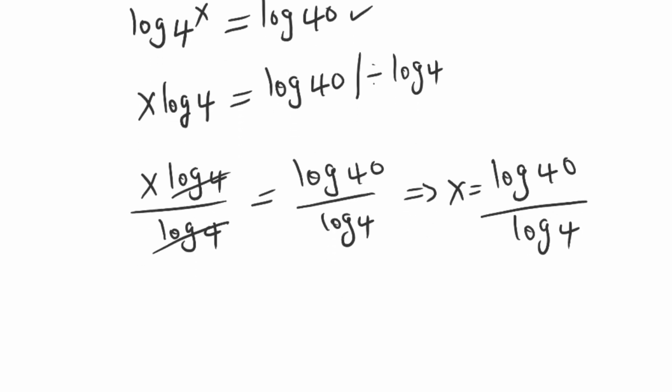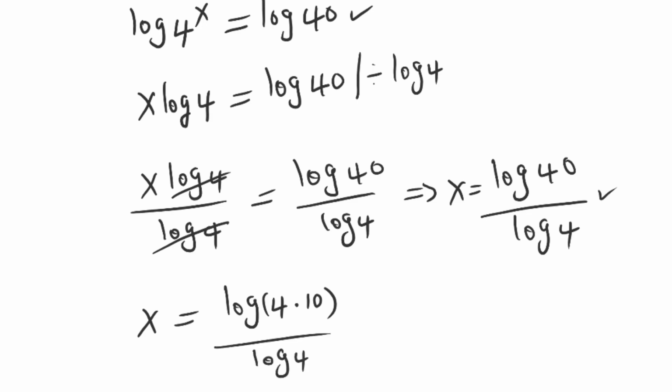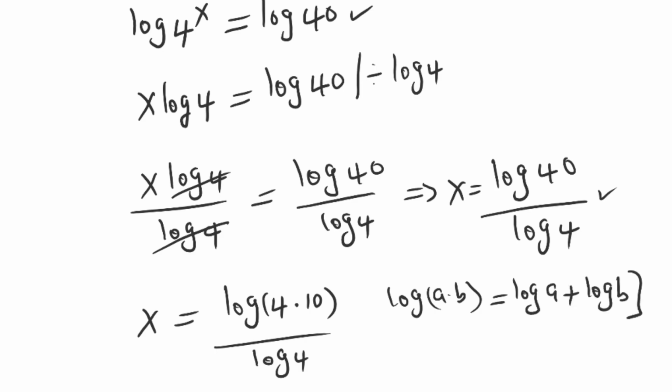And this can be written as s is equal to log 4 multiplied by 10 divided by log 4. Take note of this, that if you have log a multiplied by b, this is equal to log a plus log b.